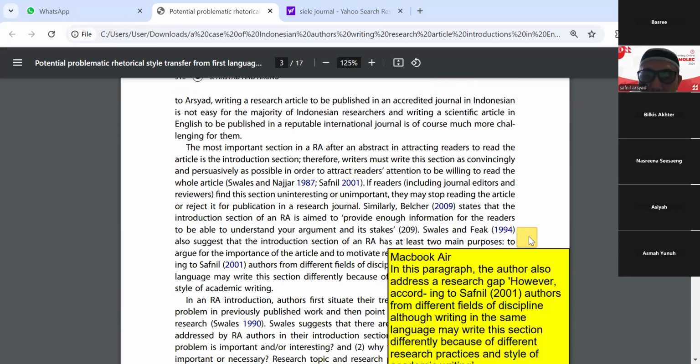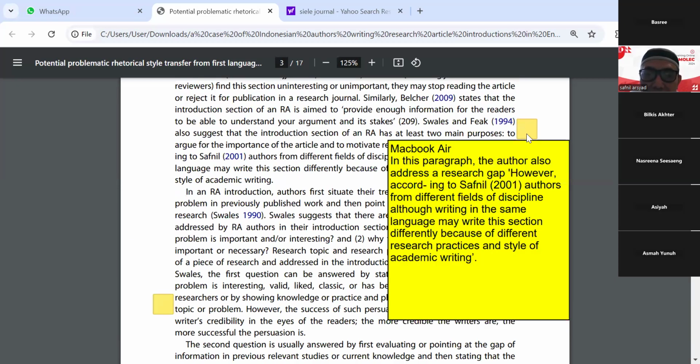The last one: in this paragraph, the author also addressed a research gap. According to some authors from different fields of discipline, although writing in the same language, writers may write the section differently because of different research practices and styles of academic writing.